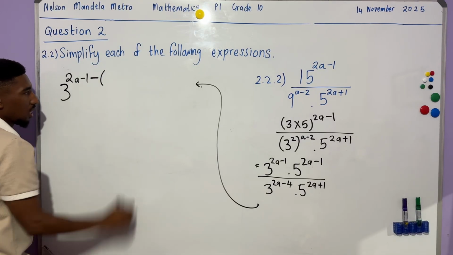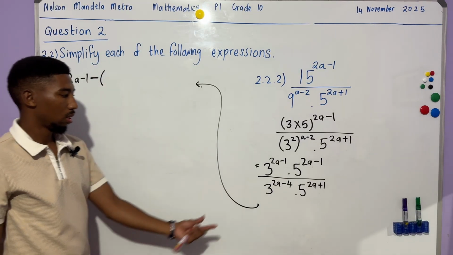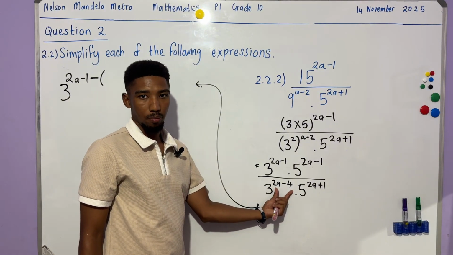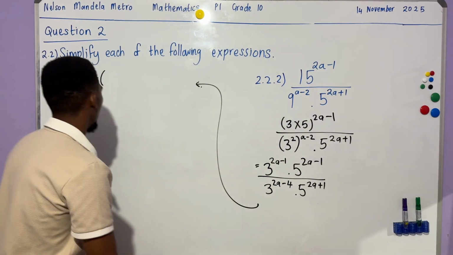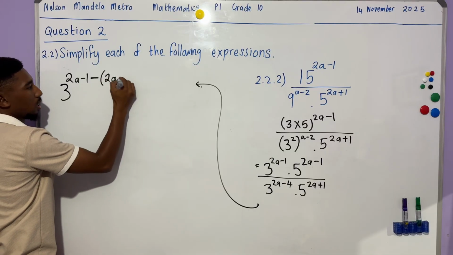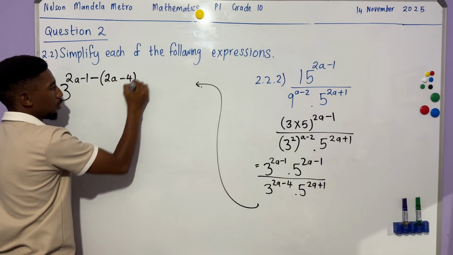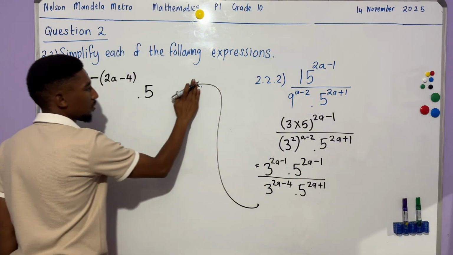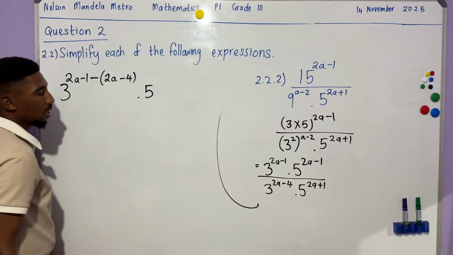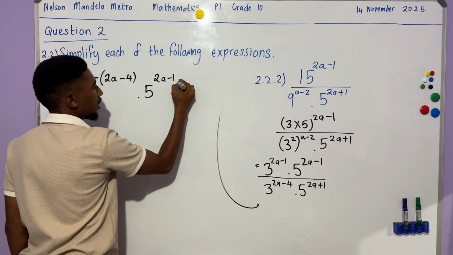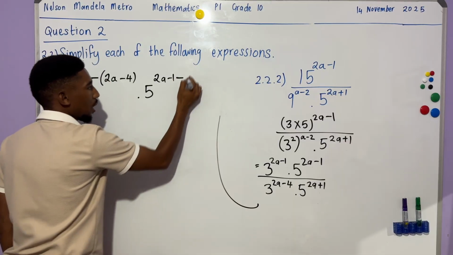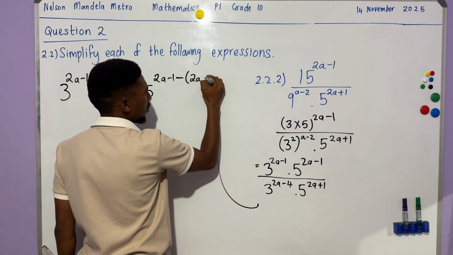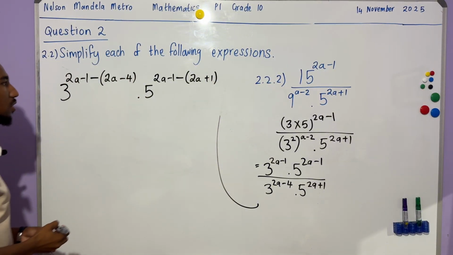Very important is that I use brackets. If I don't use brackets, I'm going to come across a sign error in the future. So it's brackets 2a minus 4, dot 5, the exponent 5 over there, and now I have 2a minus 1 minus brackets, very important, and I use 2a plus 1, close the brackets over there.